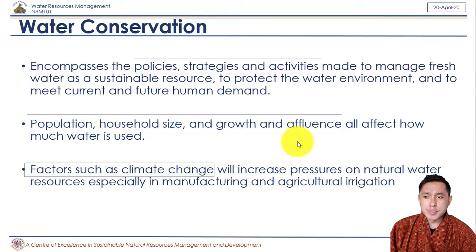Sometimes you get erratic distribution of rainfall and precipitation. That's again being affected by climate change, and these are thought to affect more the manufacturing and agriculture irrigation systems.